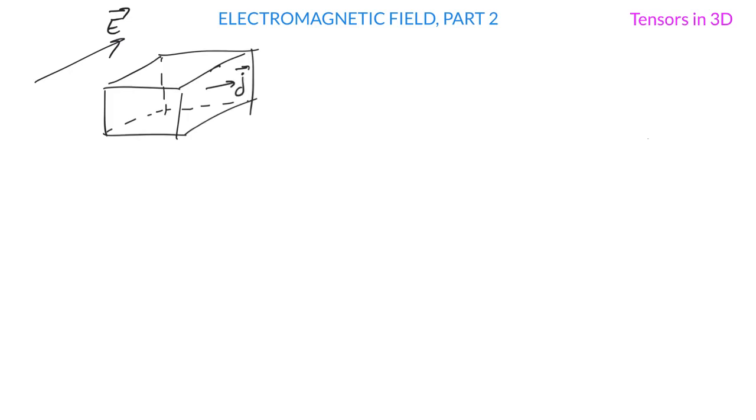We'll assume that the electric field is sufficiently weak so that the response is described by Ohm's law. So the current density is proportional to the electric field in the sense that if you multiply the electric field by a constant, the current is also multiplied by a constant.